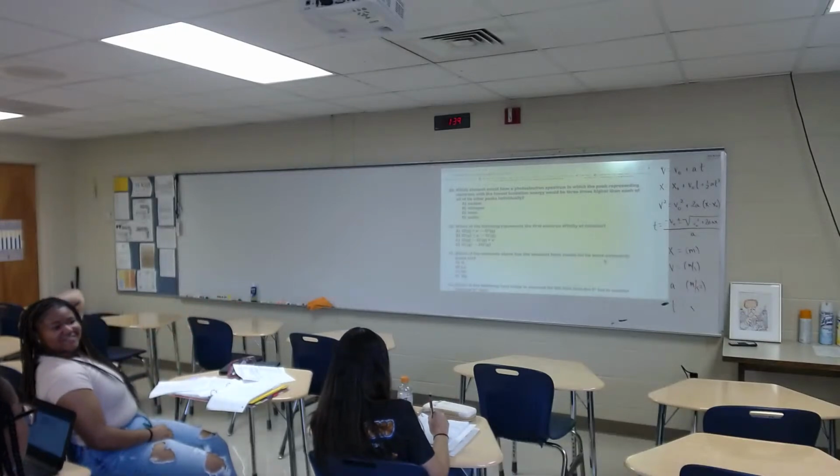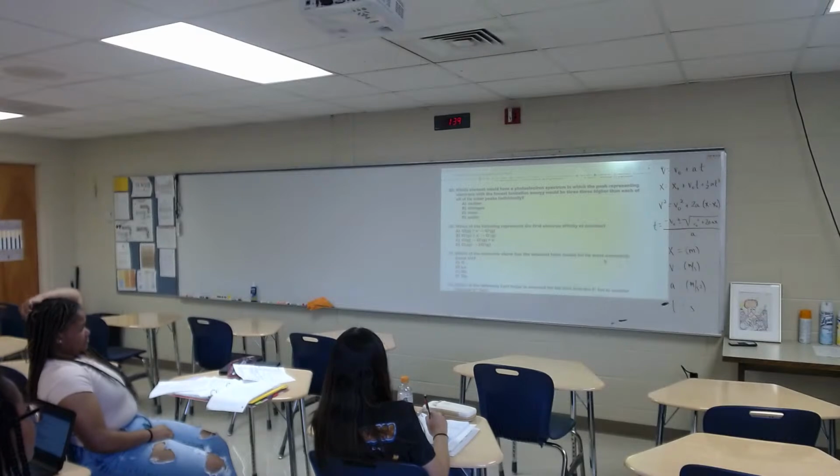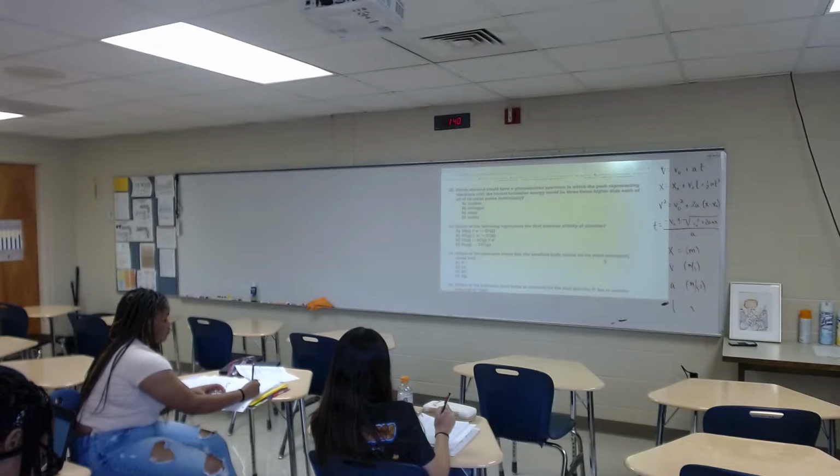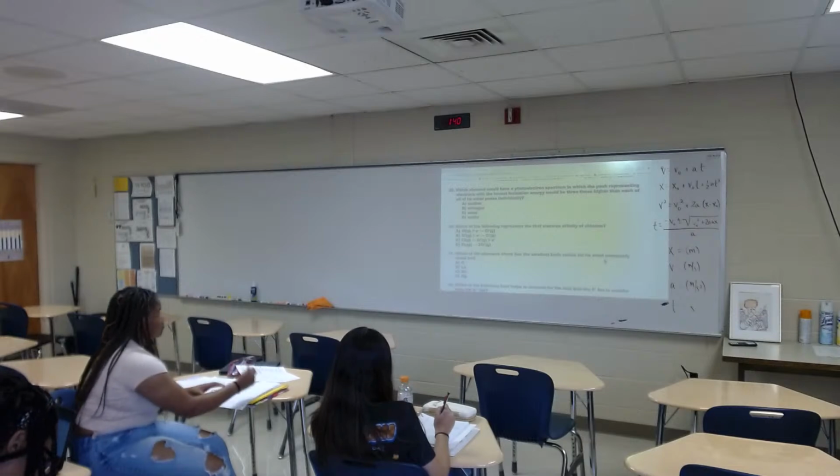So which of the following represents the first electron affinity of chlorine? Electron affinity means the element likes electrons. So this is the element plus an electron makes what? That's got to be A or B first off, right? Because A and B are reactions that represent the gaining of an electron.